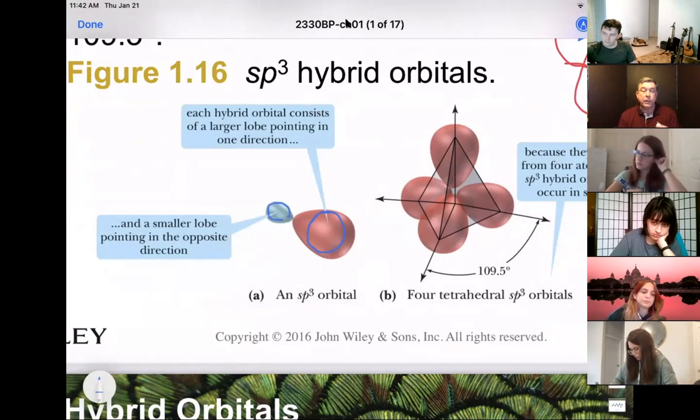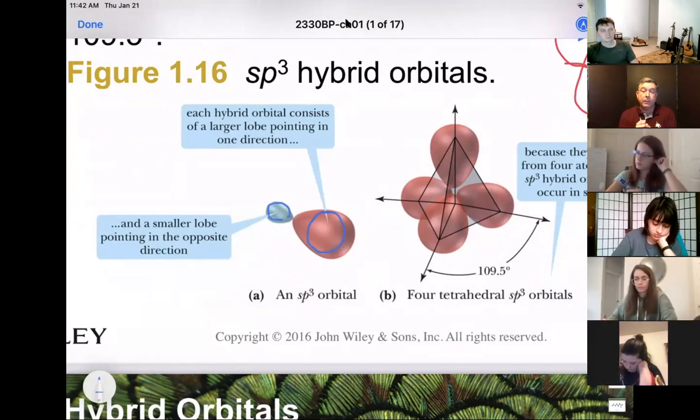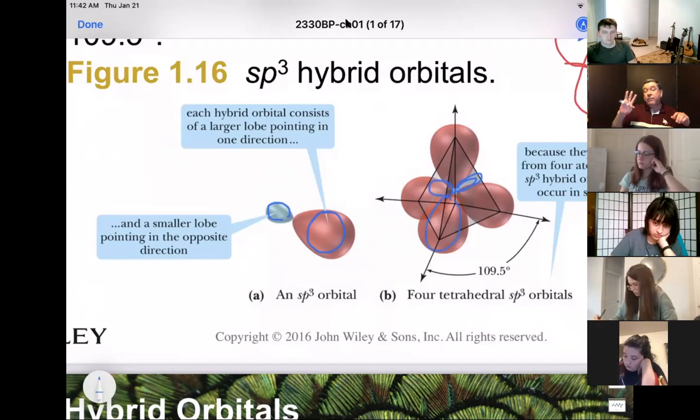And we can squeeze those four hybridized orbitals together enough. And note that the little back orbitals are going to be squeezed in between these right here. And these are the big ones. Now, because we have four larger lobes on these things, we have four electronic zones, which gives us the tetrahedral shape.